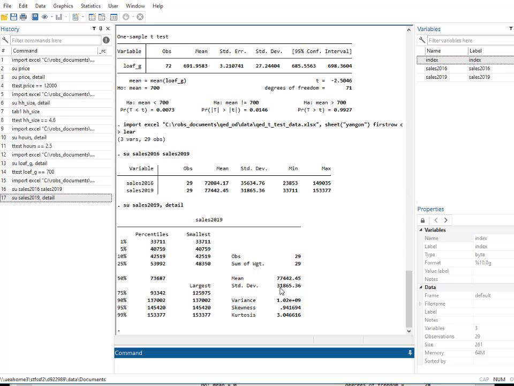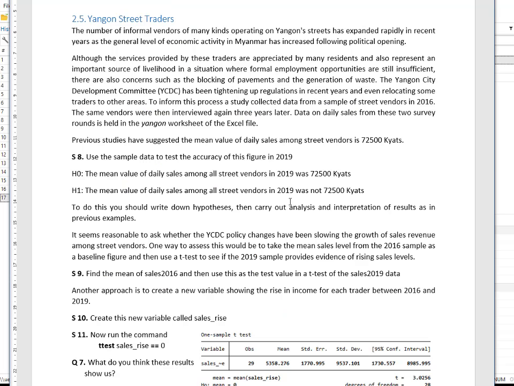So double that gives you an idea of where most people should be. It's a massive range of what traders are earning. So it may well be that this difference between that and the claim by the YCDC is not significant. Let's test it. So the test is going to be using this test value 7250.